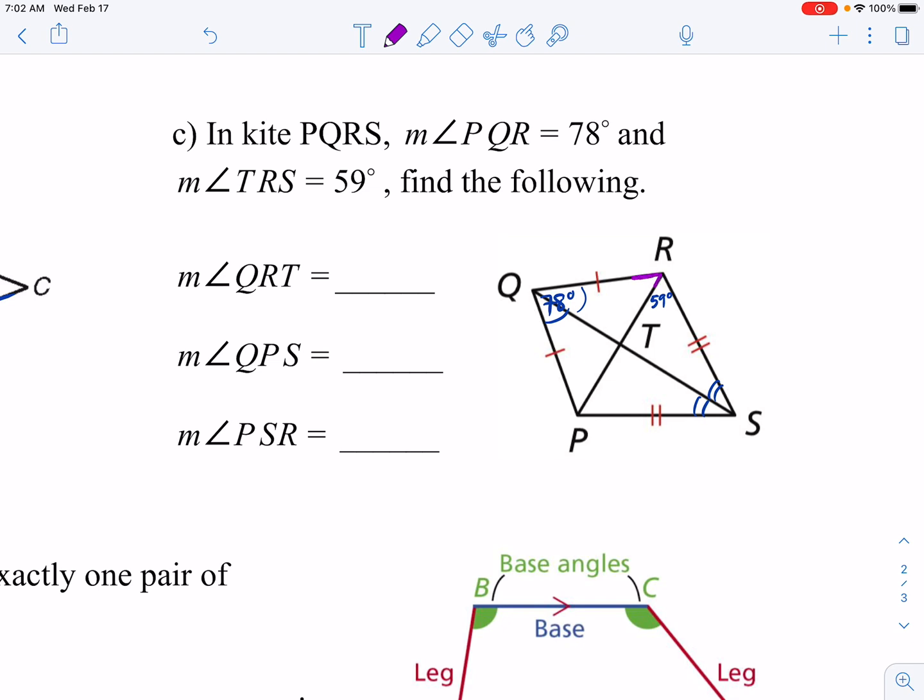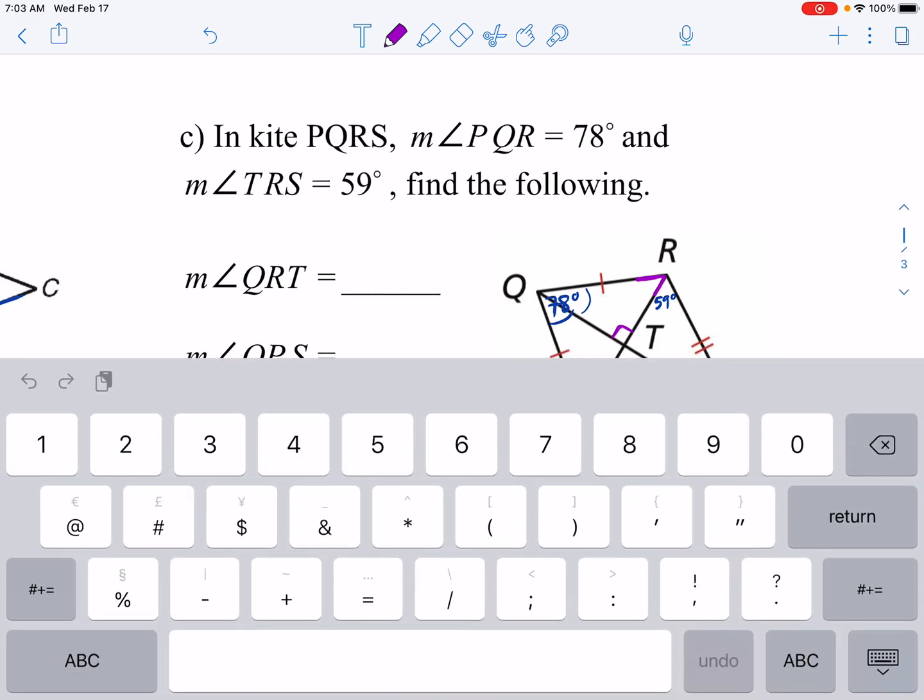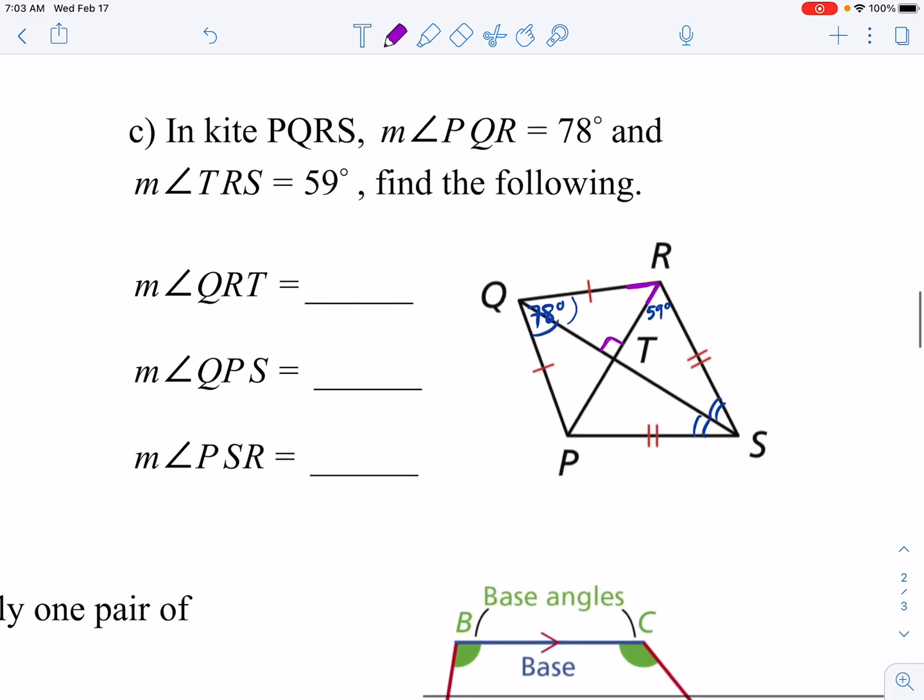QRT is right here. Well, you need to know that this was a 90-degree angle and that this diagonal bisects this angle, so it's going to split the 78 in half, which gives us 39 degrees. And then if we have 39, we can just subtract that from 90 to give us 51.